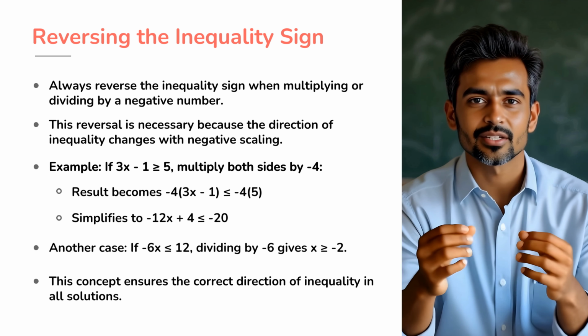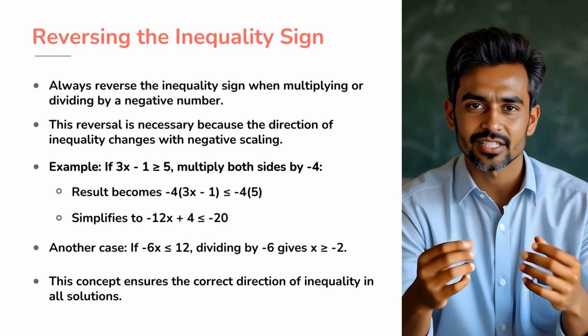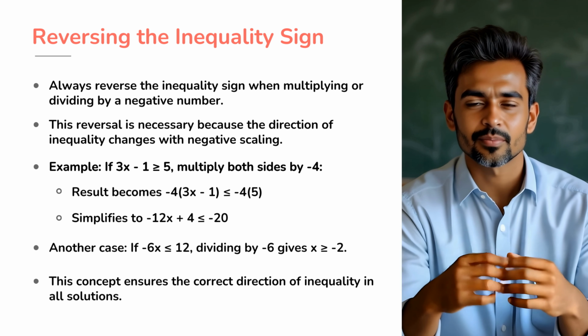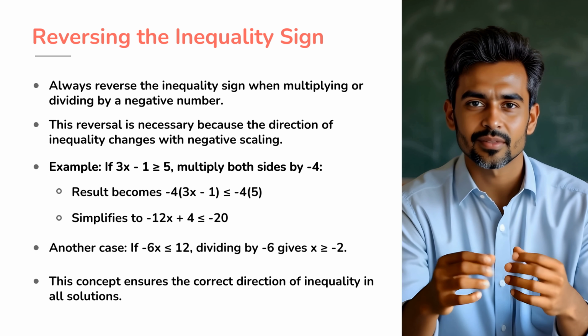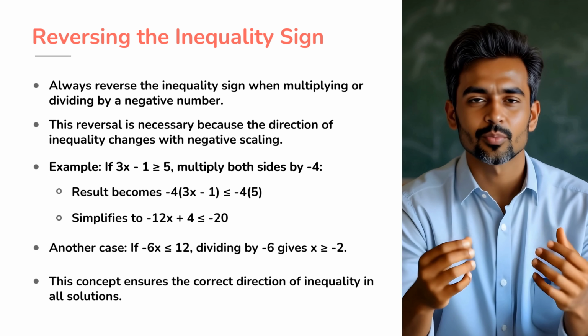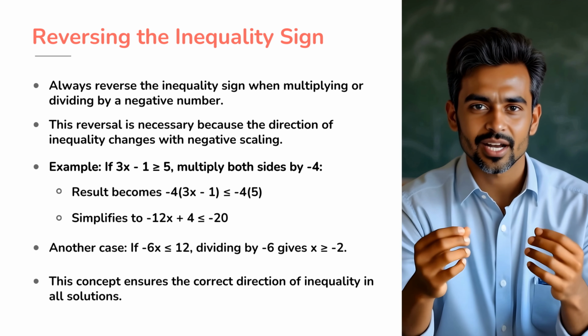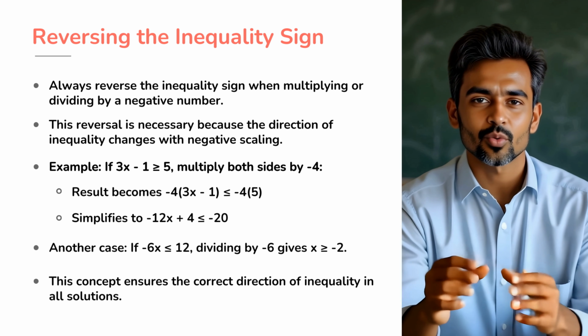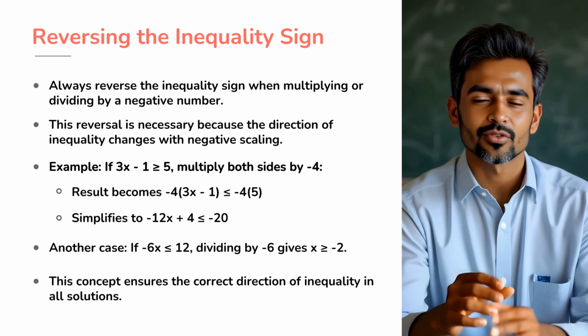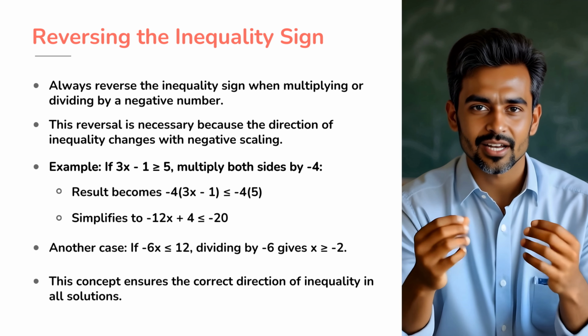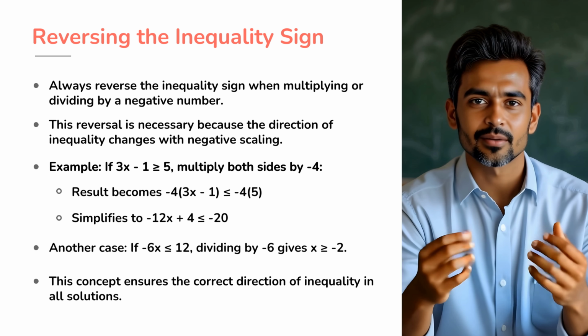See, the less than becomes greater than. Here's another case, 3x - 1 ≥ 5. Multiply both sides by -4. That gives -4(3x - 1) ≤ -20. Let's simplify. -12x + 4 ≤ -20.